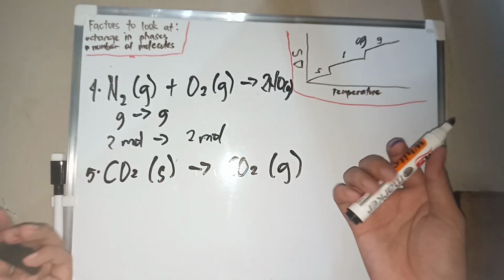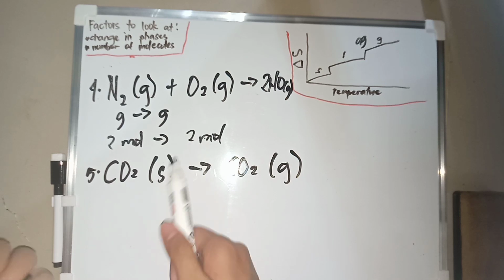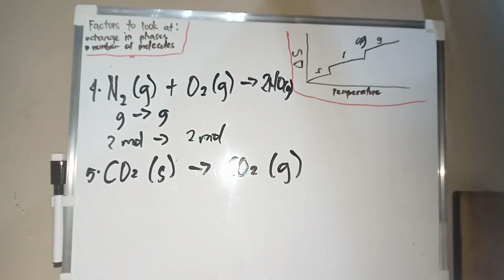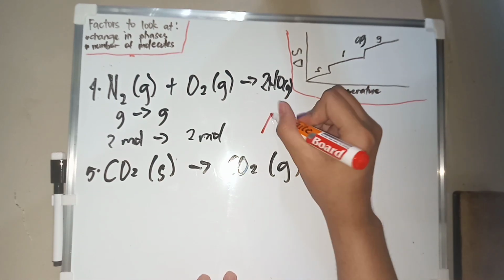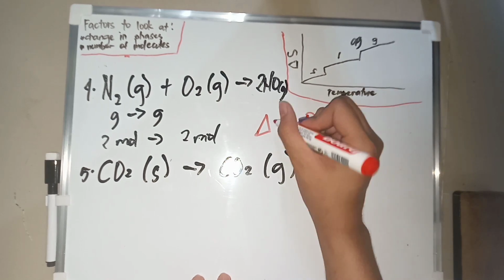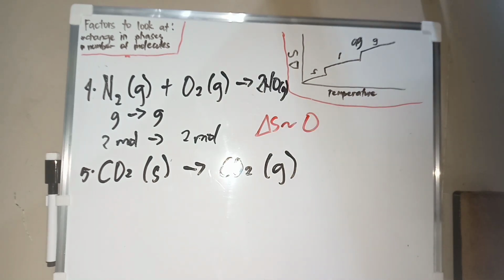So nothing changed: gas to gas, 2 molecules to 2 molecules, which means that our entropy will stay the same. The value might not be exactly zero when we calculate it, but it will be pretty close.